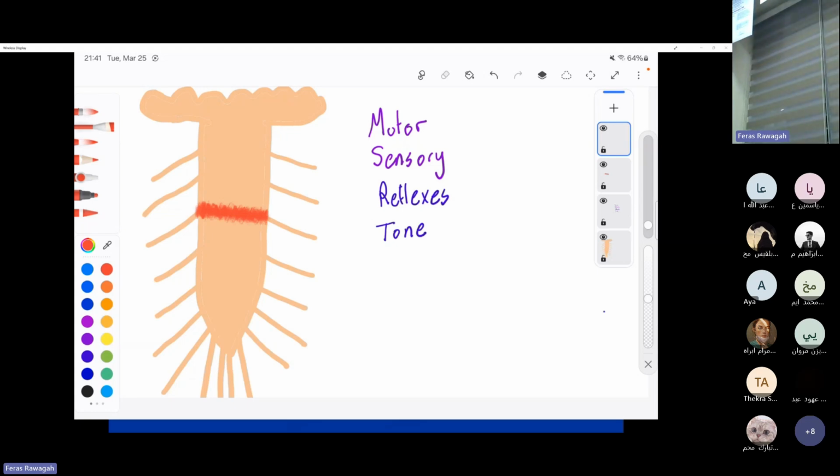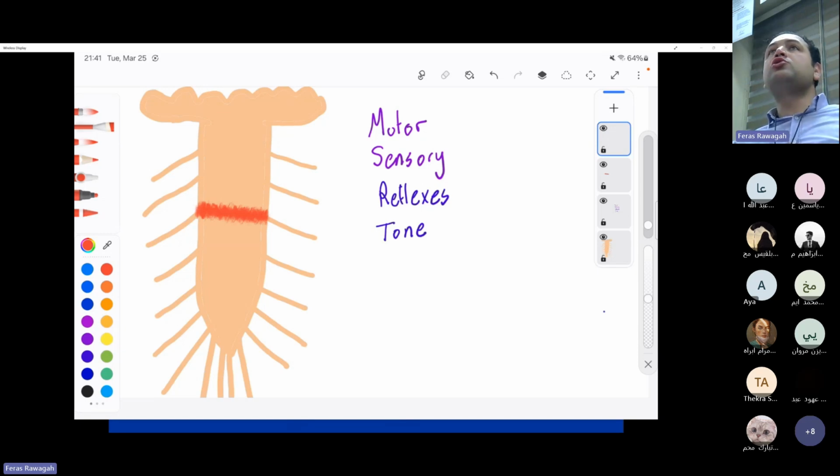So each spinal cord segment has anterior horn cell from which come out the motor fibers, and we have the substantia gelatinosa, which receives the sensory input from the peripheral nerve, from the nerve root. Okay? And each nerve root has sensory function called dermatome, which is part of the skin innervated by this nerve root.